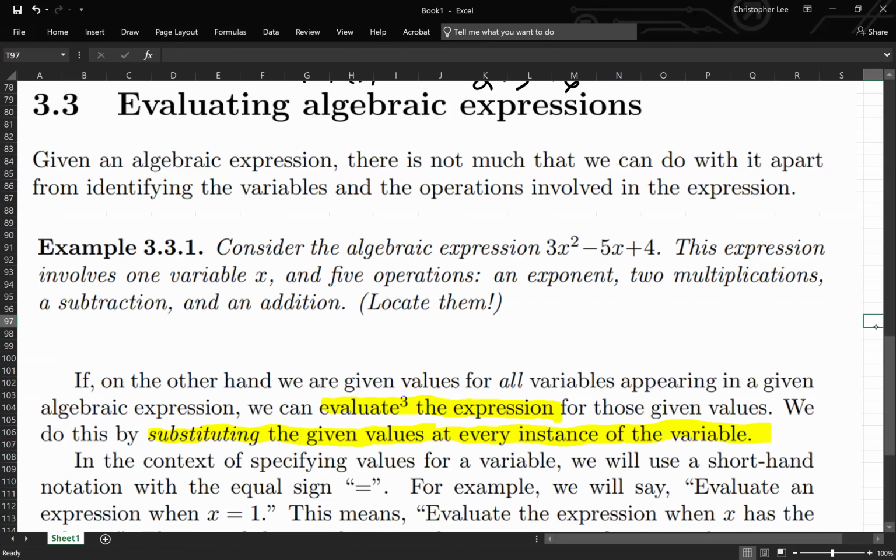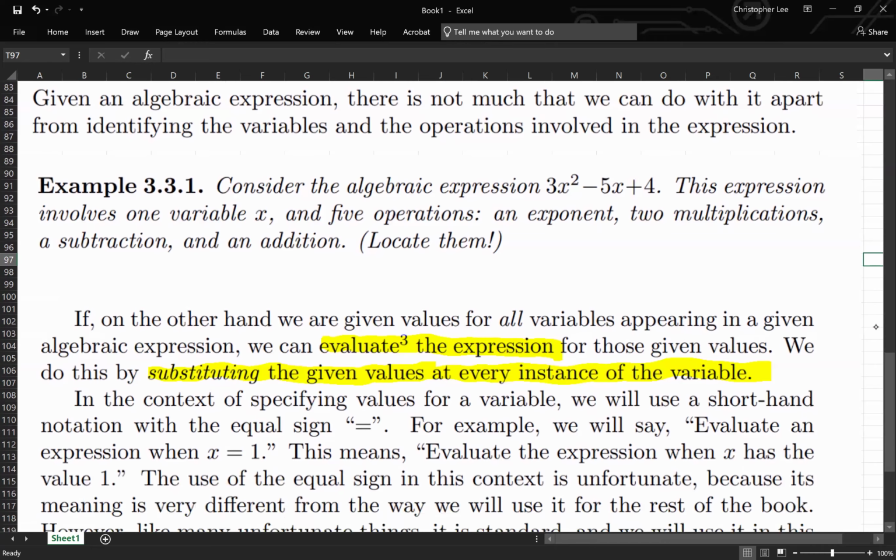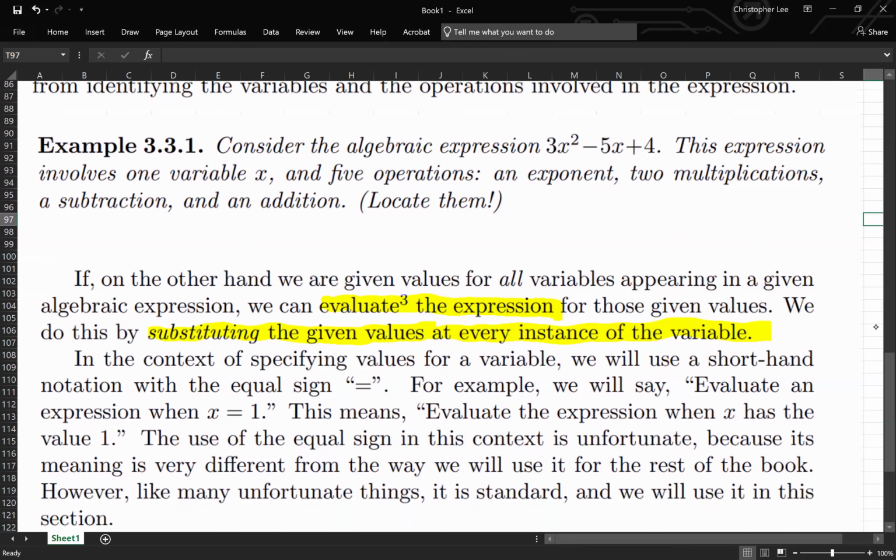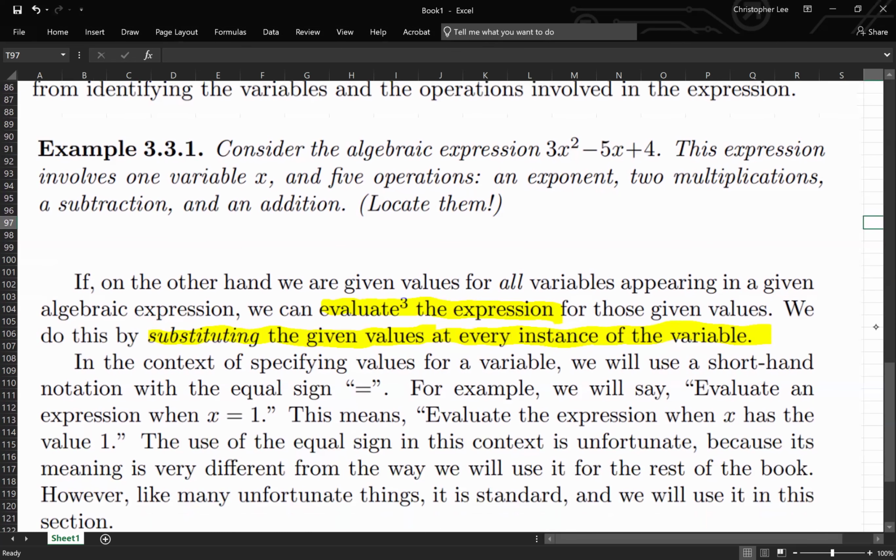We good? All right. So if on the other hand, we're given values for all variables appearing in the given algebraic expression, we can evaluate the expression for those given values. We do this by substituting the given value at every instance of the variable. In the context of specifying values for a variable, we will use a shorthand notation with the equal sign, right?